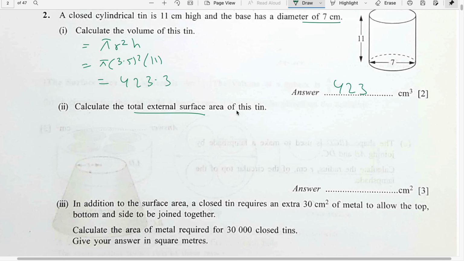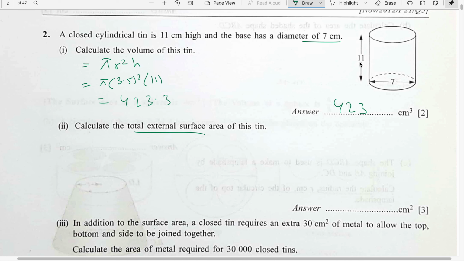Calculate the total external surface area. So we have two shapes as circle and one curved section, 2 pi rh. So 2 pi r squared plus 2 pi rh. 2 pi, the radius is 3.5 squared, plus 2 pi, the radius is 3.5 and the height is 11.